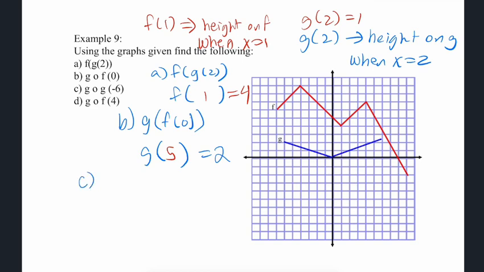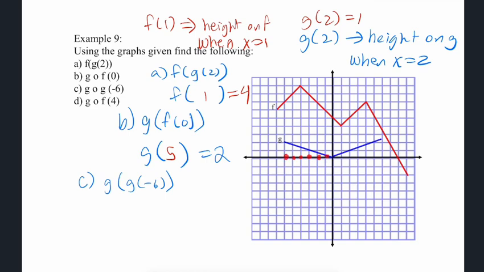Okay, let's look at C. That's g of negative 6. So start on the inside. What is the height when x equals negative 6 on the blue function, the g function? 1, 2, 3, 4, 5, negative 6.